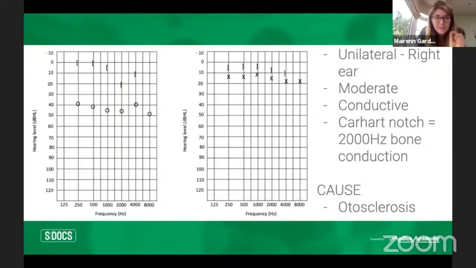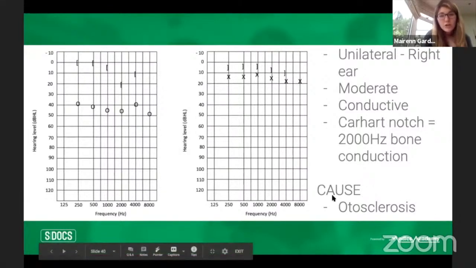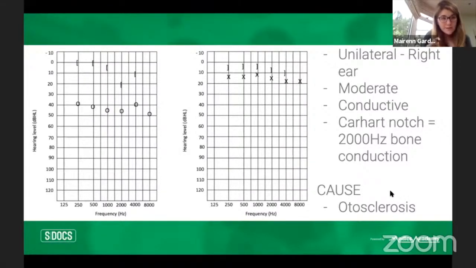It's important to try and remember this for any MCQ questions that come up: the Carhart notch at 2000 Hertz for bone conduction. So even though it's relatively normal, they'll still have this dip at this level. And this is indicative of otosclerosis, so damage to the stapes bone, like I was explaining in part 2.